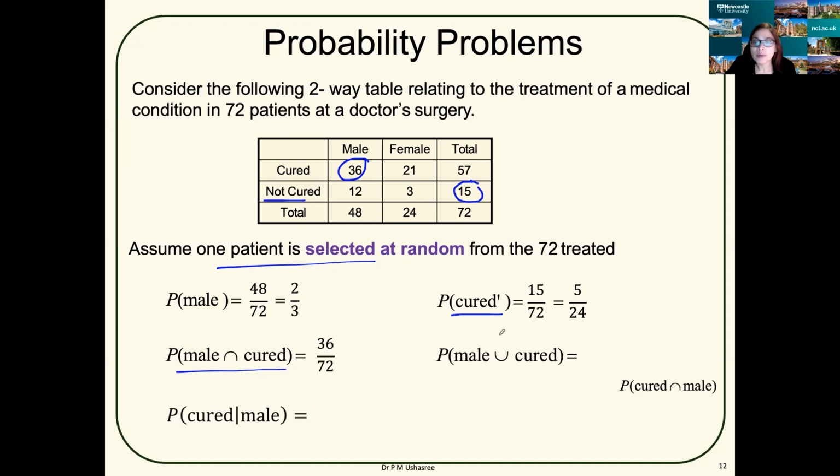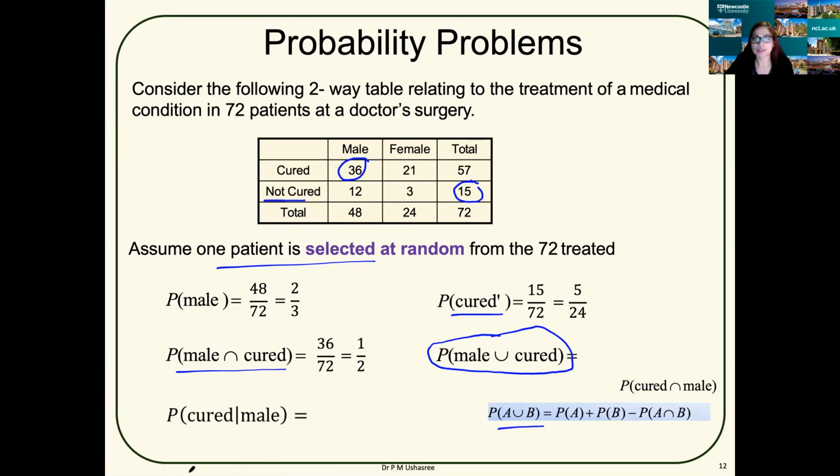Now, what is the probability that you pick a male union cured? Here I would suggest you use the formula, the addition formula, the addition rule.